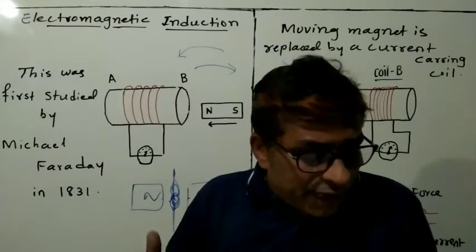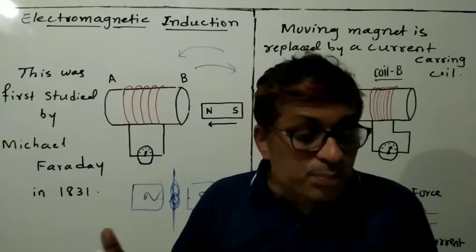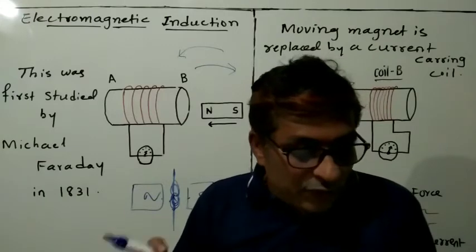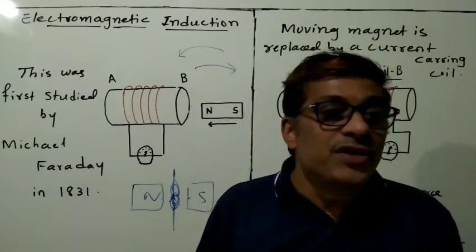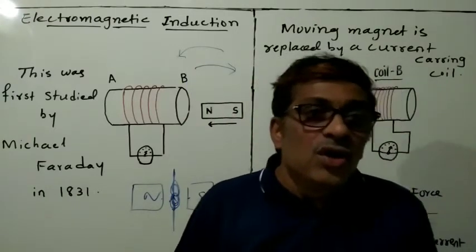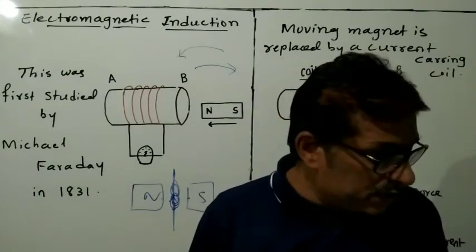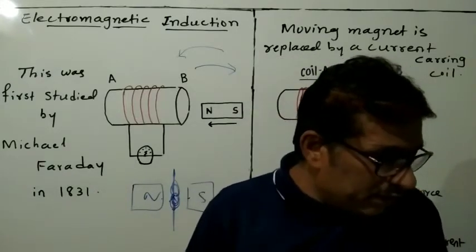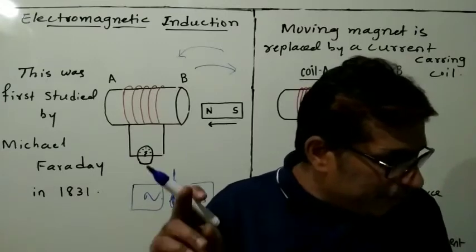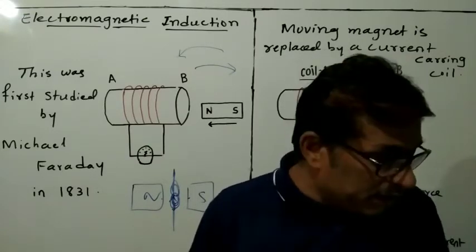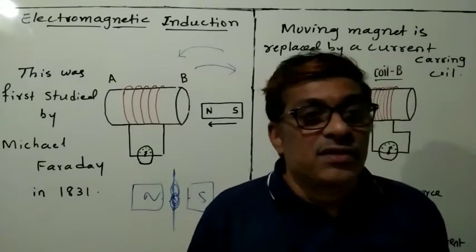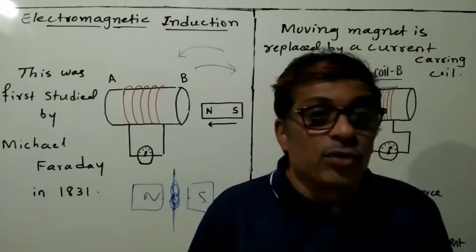When the coil is kept stationary with respect to the magnet, the deflection of the galvanometer drops to zero. So what do you conclude? When the coil and magnet are both stationary, there is no deflection in the galvanometer.